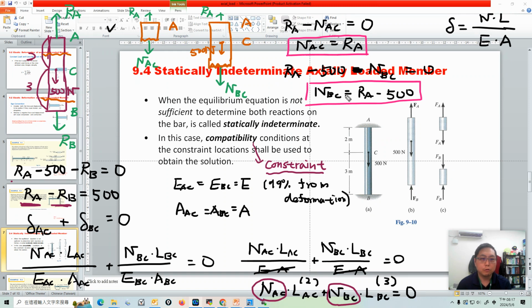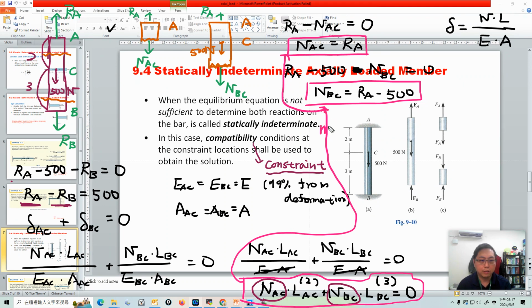And we use these two back in this equation. So what will we have? You need to combine these two together. See the magic.